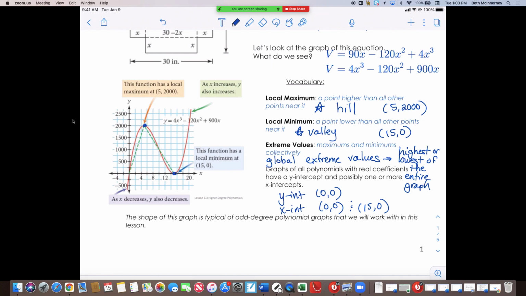Global extreme values means the highest or lowest of the entire graph. In this one, there are no global extreme values because it shoots to infinity or shoots to negative infinity.